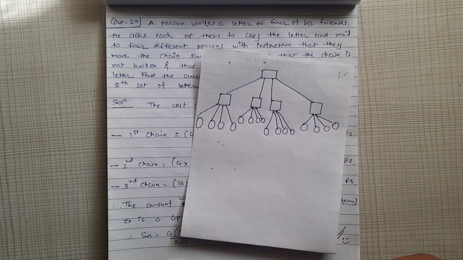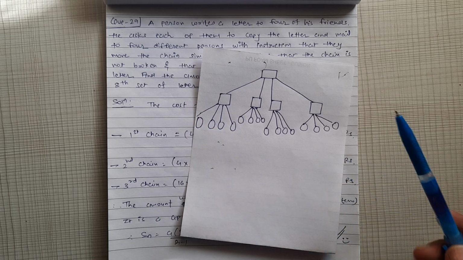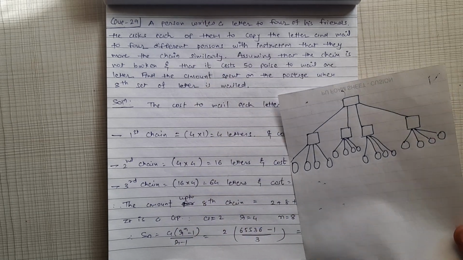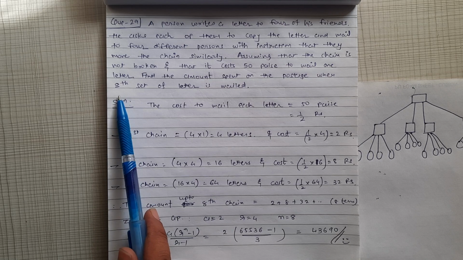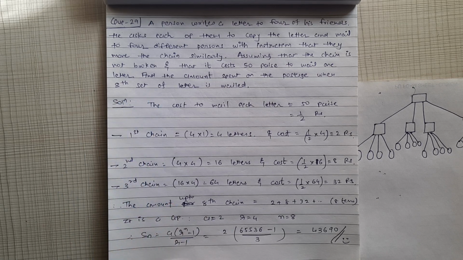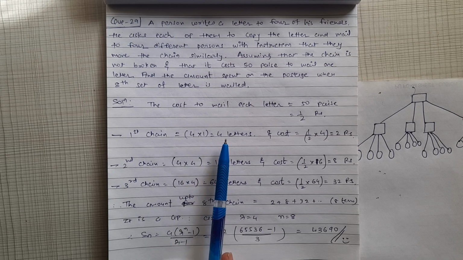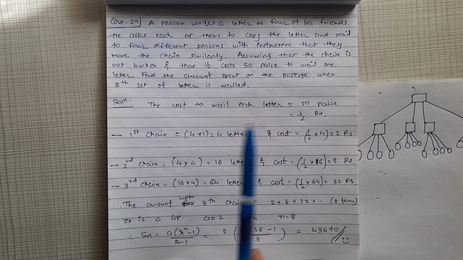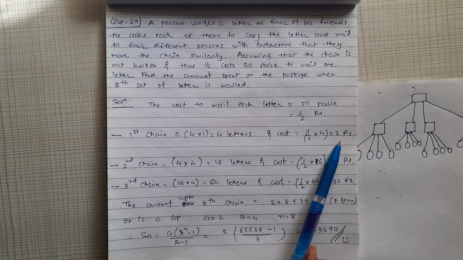Again, at the next stage, this person will send 4 letters and so on. I'm just keeping this aside. Now the first chain, we need to find the amount for the 8th set. The very first chain is 4 letters, as one person sends 4 letters, so total 4 letters. Cost for that is 1 by 2 rupees into 4 letters, that is 2 rupees.